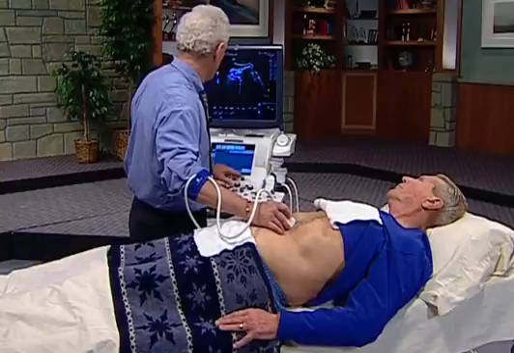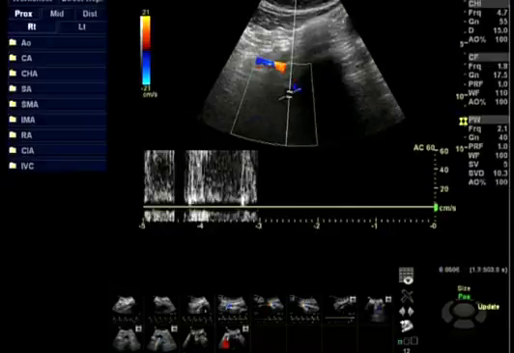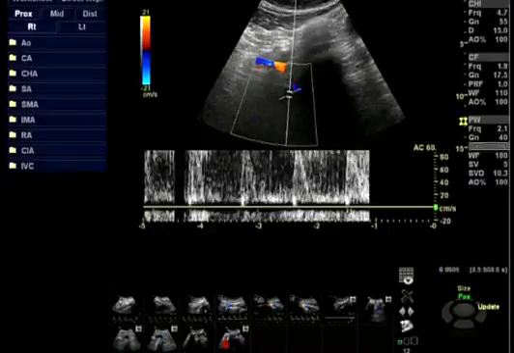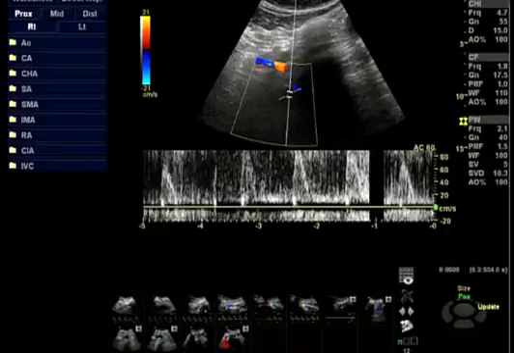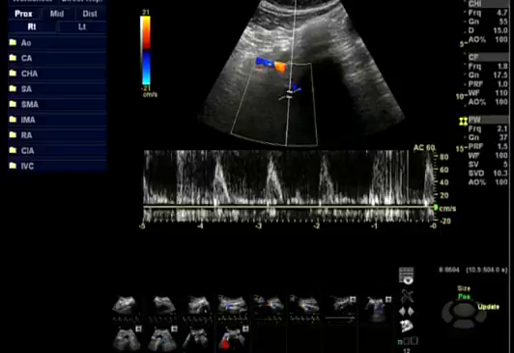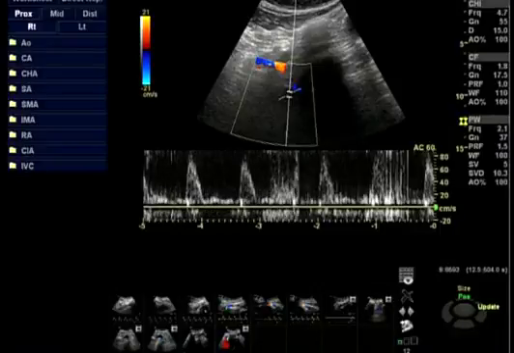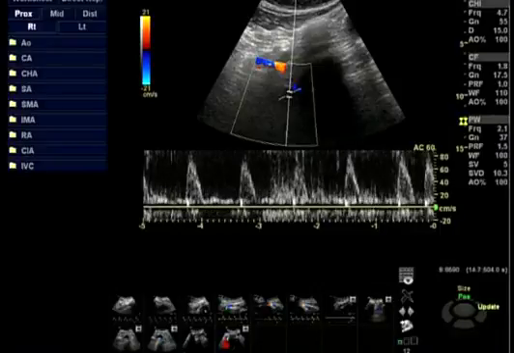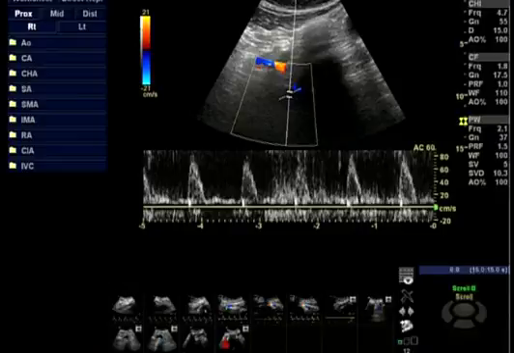And we go to our pulse wave. Adjust our scale appropriately so we can get a waveform. I'm going to turn our gain down just a little bit. But again, characteristic of a proximal aortic waveform, we see a very good sharp systolic rise.